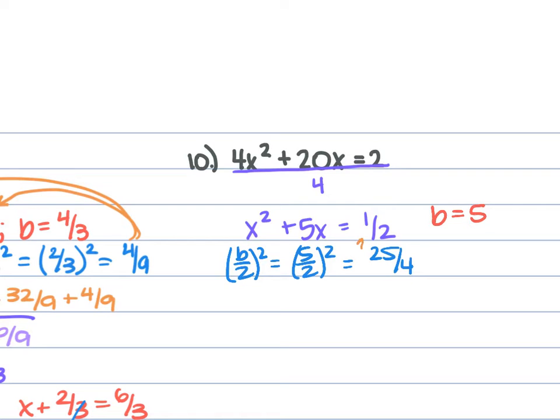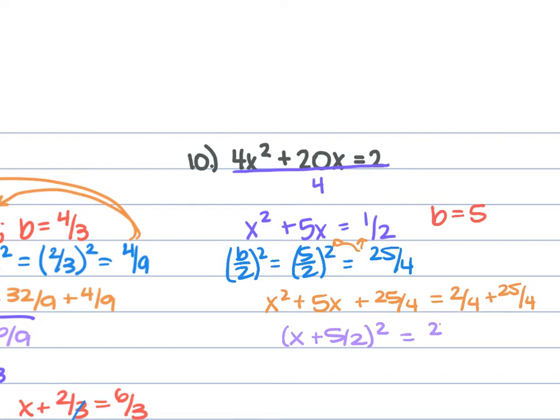I'm going to add this 25 over 4 to the 1/2 and the x squared plus 5x to give us x squared plus 5x plus 25 over 4 is equal to 2/4, because 2/4 and 1/2 are the same thing, plus 25 over 4. I'm going to add the right, factor the left, so I'm going to get x plus 5 over 2 squared is equal to 27 over 4.